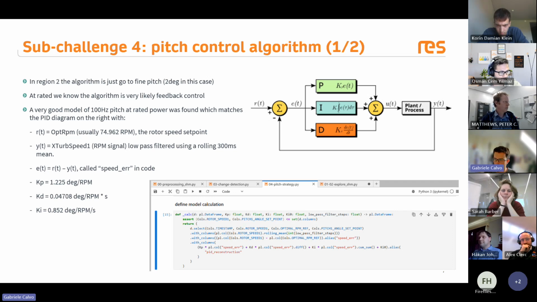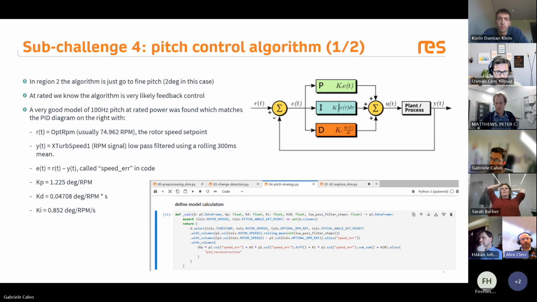This is the logic that we reverse engineered, and the metric that we used for the fitting was the mean squared error of the reconstruction versus the actual.